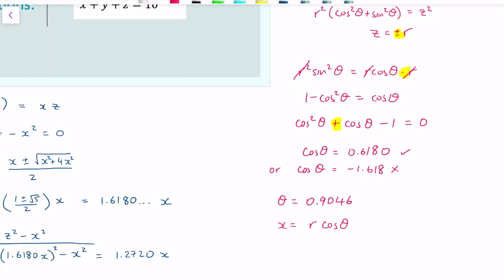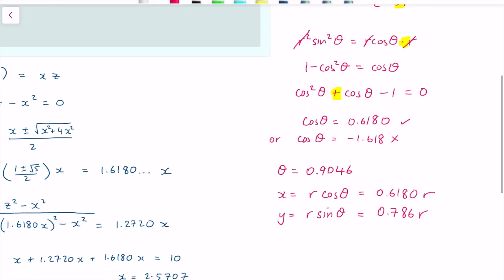And substituting in that theta value, we get 0.618 times r, and then we do the same thing for the y. Y is r sine theta. We find the sine of that angle, sine of 0.9046, and that comes out to be 0.786 r, and then z was equal to r.